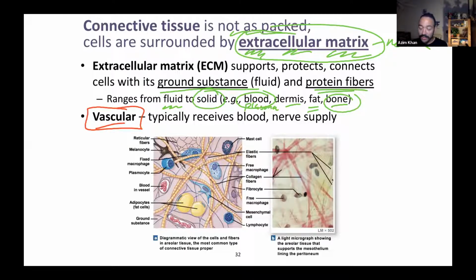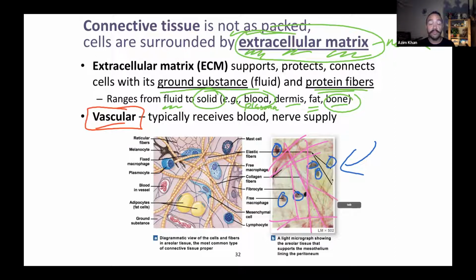The picture down here on the diagram shows the actual histology. It shows cells. Look at how spaced out the cells are. All those things I circled in blue are cells. They're all spaced out. Everything that I'm going to color in pink, these are protein fibers in this particular example.